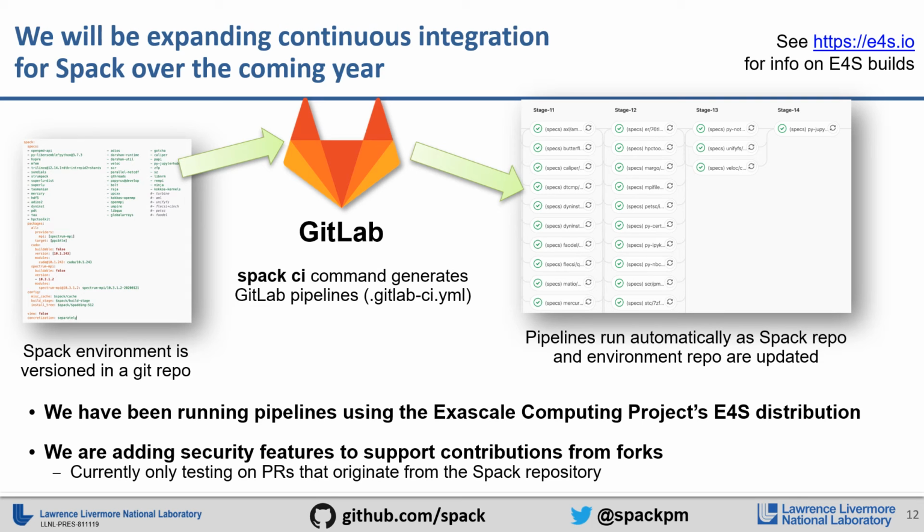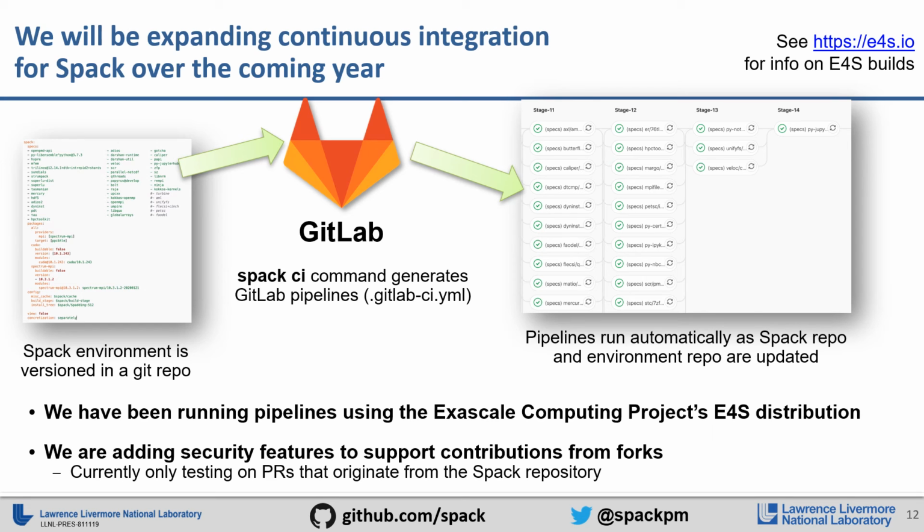And what we have been working on over the past year is expanding this. And so we are adding security features to our Spack CI that will enable us to build code from forks in essentially a sandboxed environment. And we'll build the package in a separate build with its own binary mirror.